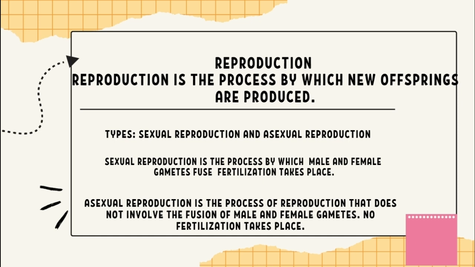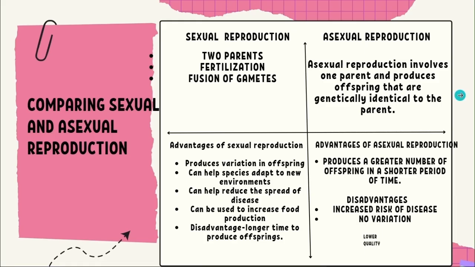So we're going to go into a bit more detail about the advantages and the disadvantages for both of these types of reproduction. Okay, so let us compare them more in depth.